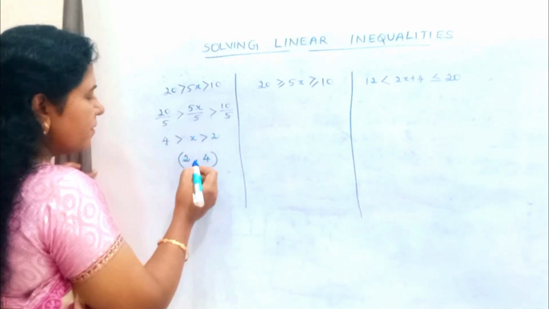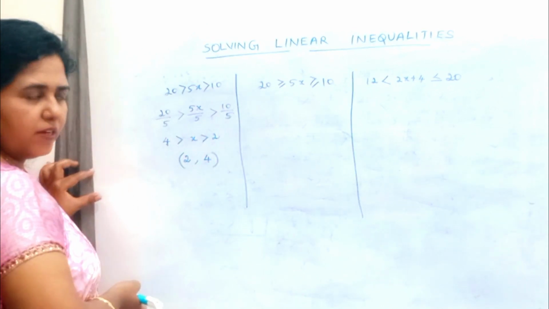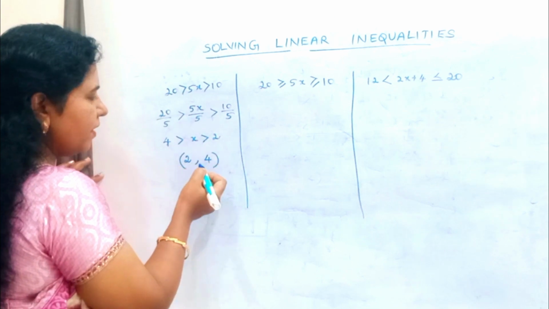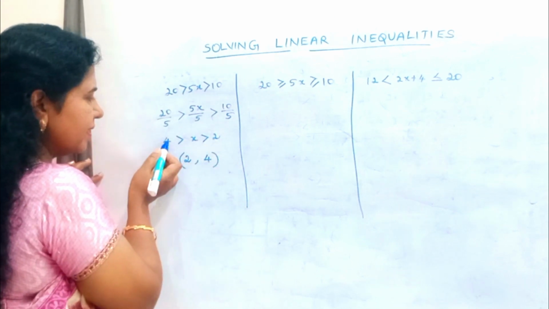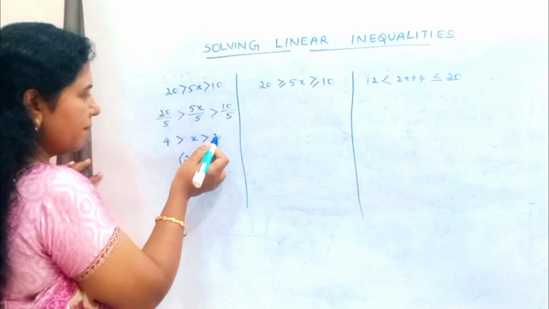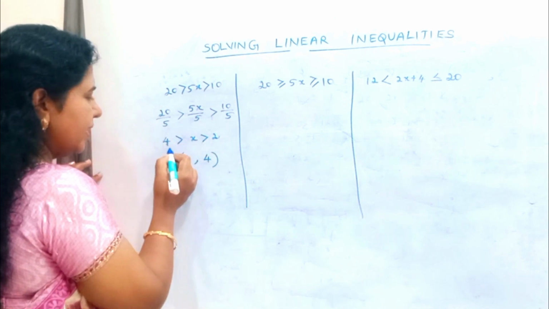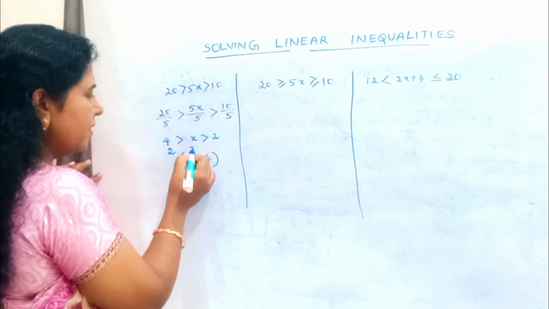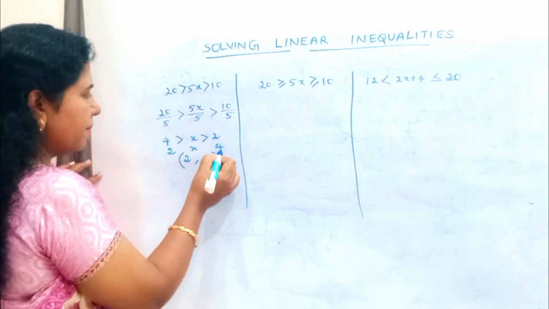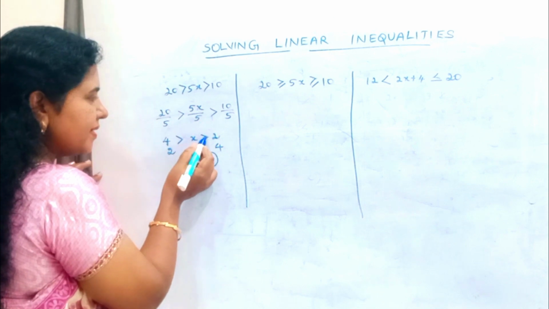Okay. So now we have obtained the interval notation. If you are finding any difficulty to write directly, here it is a greater number, here it is a smaller number. What can be done is you can change this inequality: first you can write down the smaller number x, then 4, the greater number. But here it is x is greater than 2.